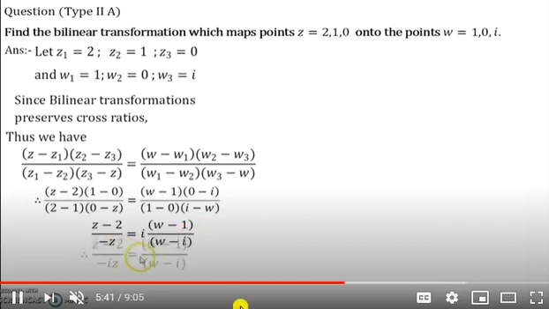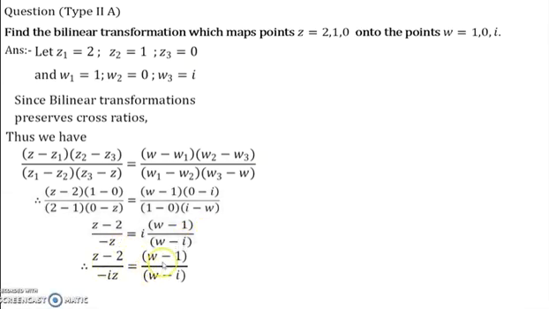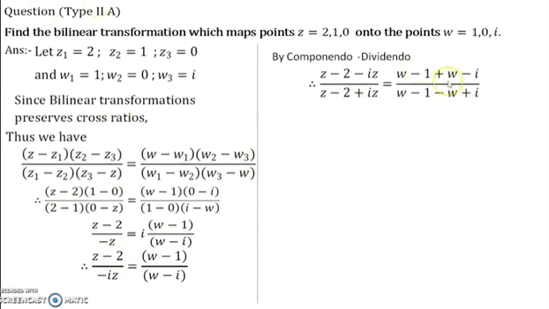Now let us move this i to the left hand side. I will get minus i in the denominator. By the componendo dividendo rule, which is a very important rule that we are using in this particular problem, we are subtracting and adding.